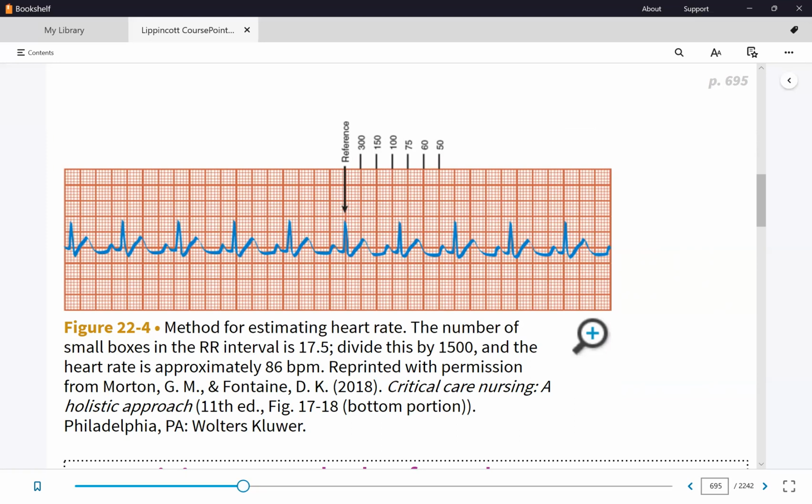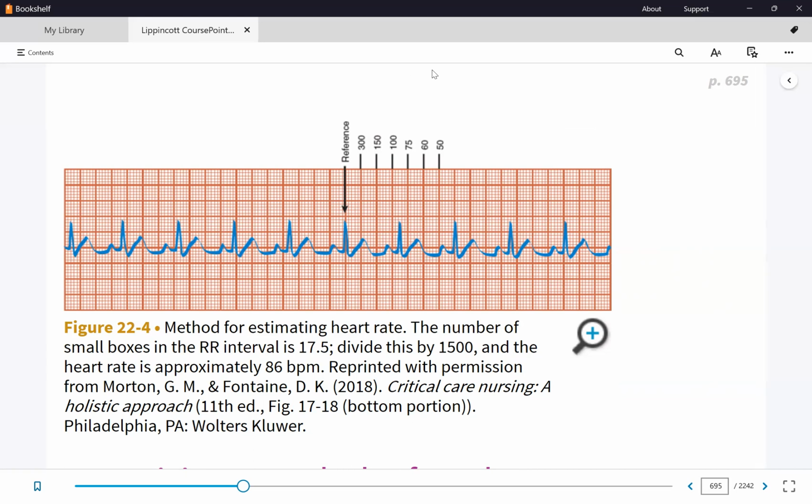Okay, so let's try. Which 2 R waves do you want to count? This and this, or this and this, doesn't matter. Most people want to choose an R wave that's smack in the middle of a straight line, because that way it's easy to count.